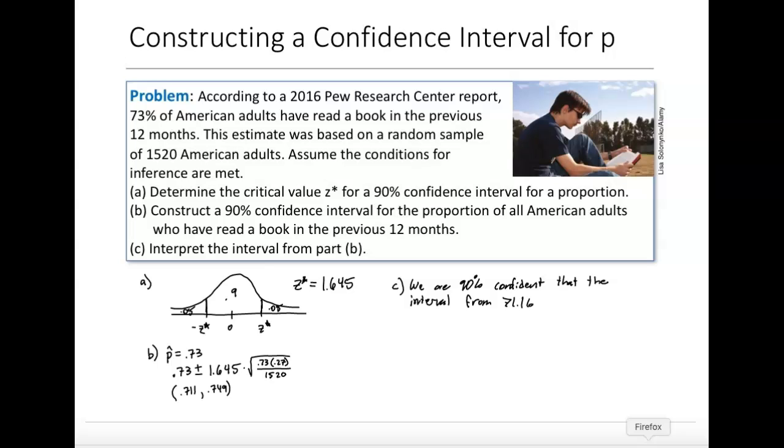So 71.1% to 74.9% contains the true percent of American adults who have read a book in the past year.